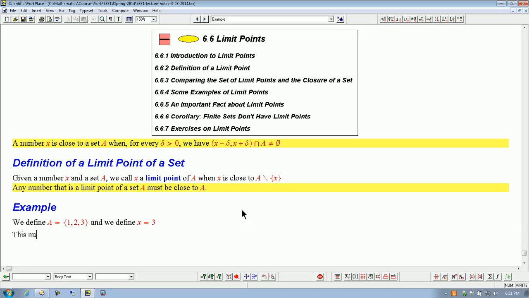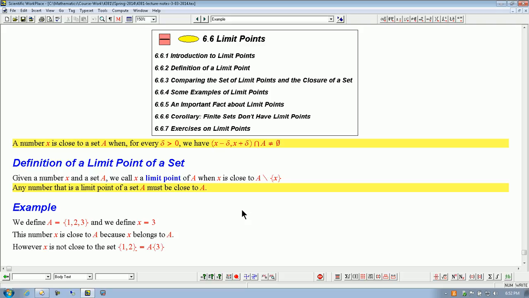This number x is close to A because x belongs to A. Agree? However, x is not close to the set consisting only of 1 and 2, which is exactly A minus the singleton 3.